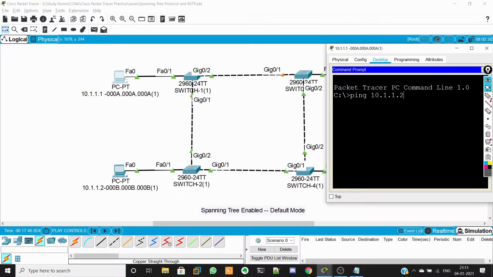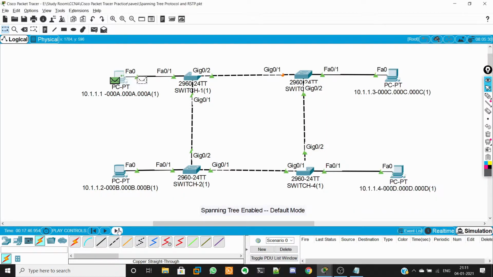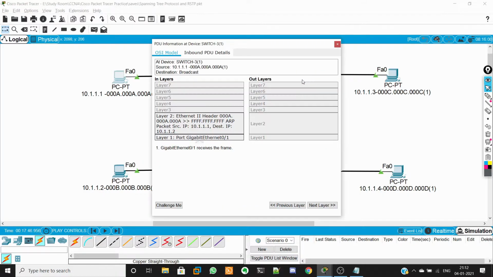Same as earlier, I am sending a ping from one PC. Remember, this network is enabled with spanning tree. Now the switch copies the frame and forwards it to both the ports. As I told you, the switch receives the frame from switch 1 through the blocked port, but it simply denies it.